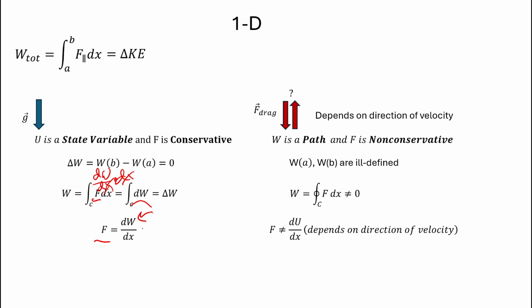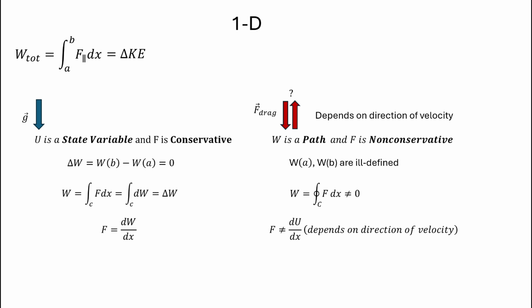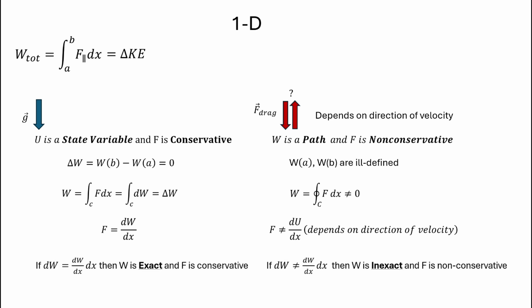So if this is true, we actually have a testable condition now. If this is true, then your force is conservative. If it isn't true, then your force is not conservative. And it might not be true, for example, if it depends on velocity. And so that's it. dW is called exact if the force can be written as the derivative of some function.